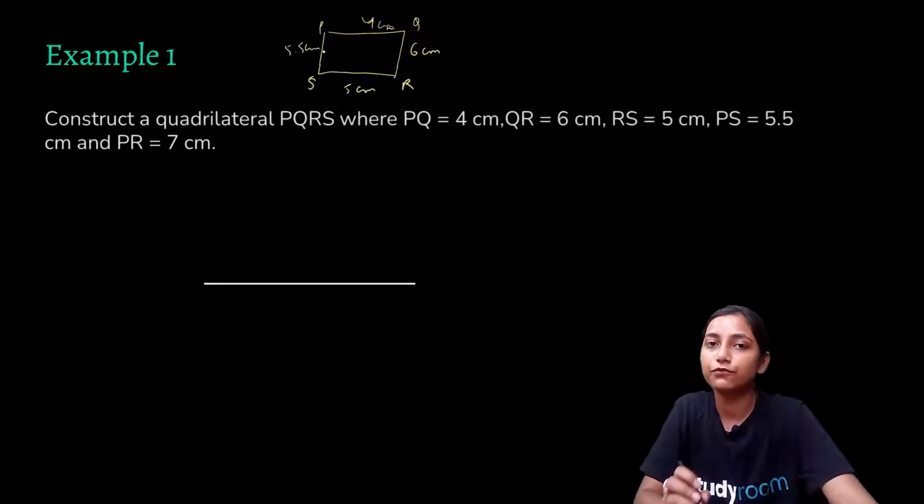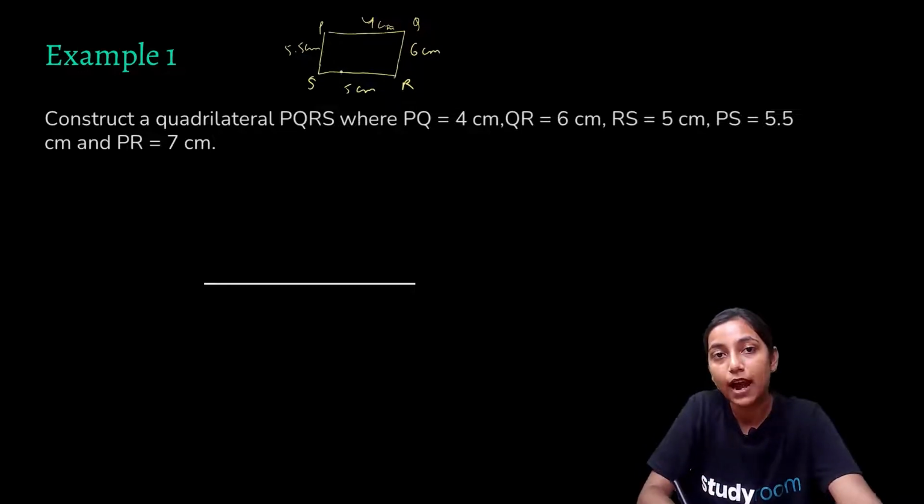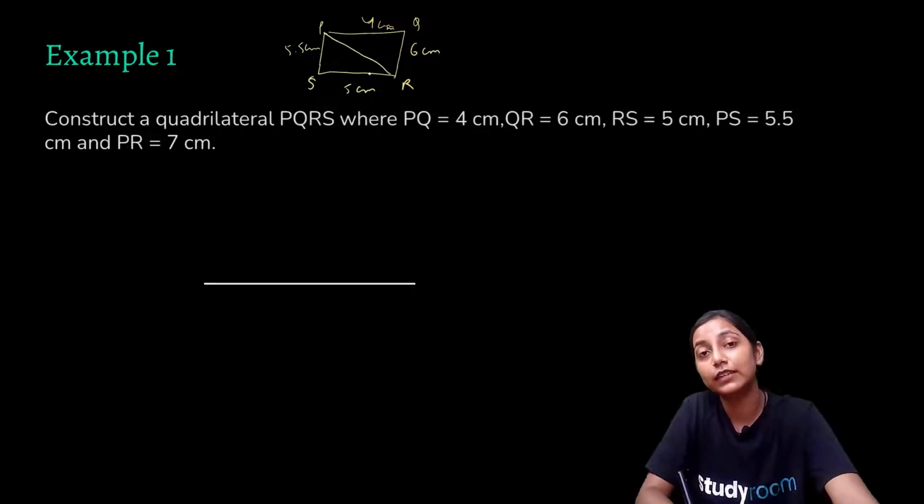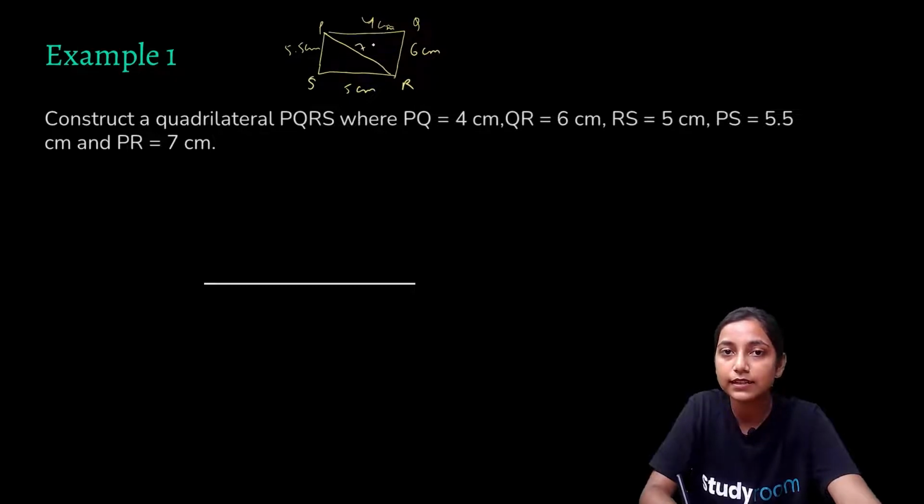That is, we are given all four sides, and PR, one of the diagonals, is 7 centimeters.